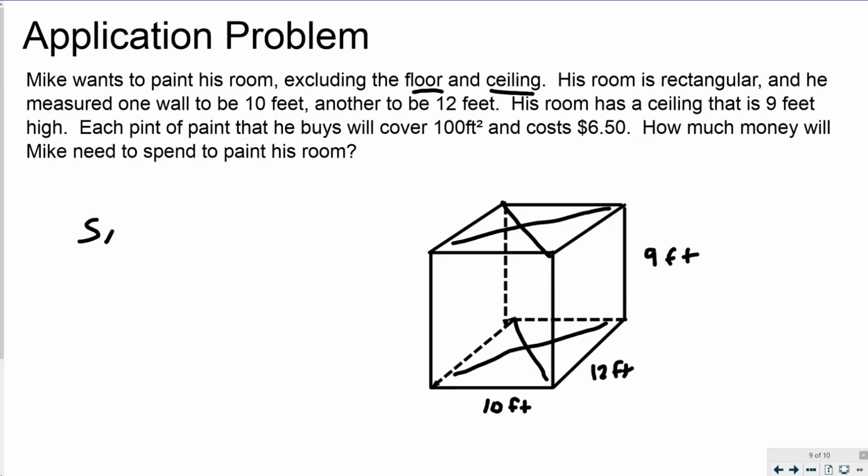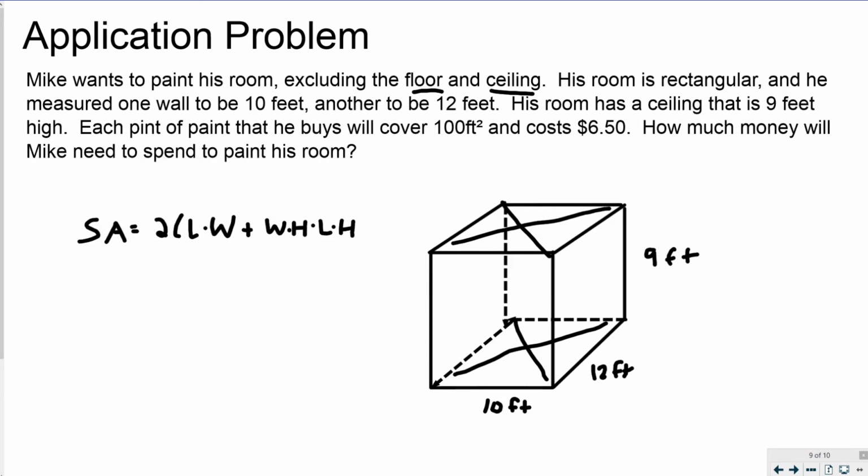Remember that the surface area is equal to 2 times length times width plus width times height plus length times height.